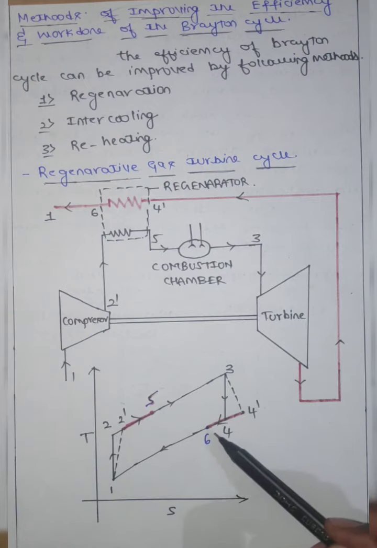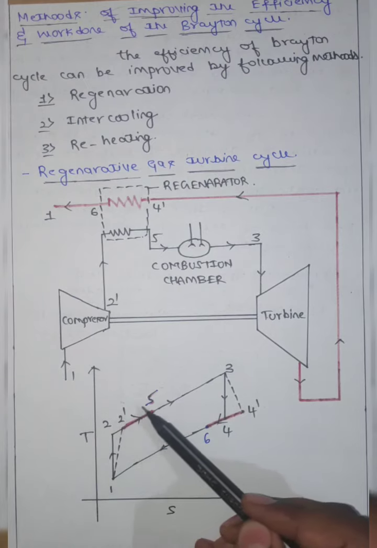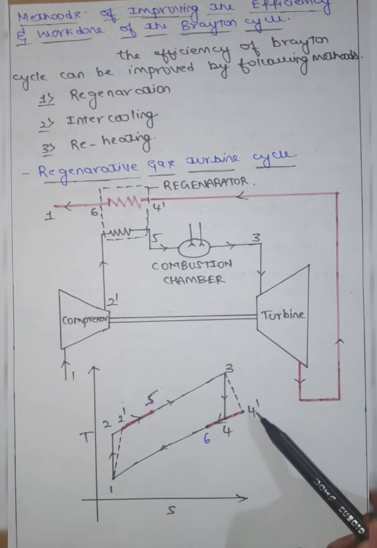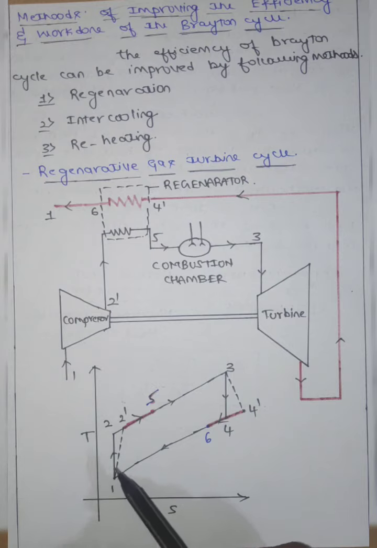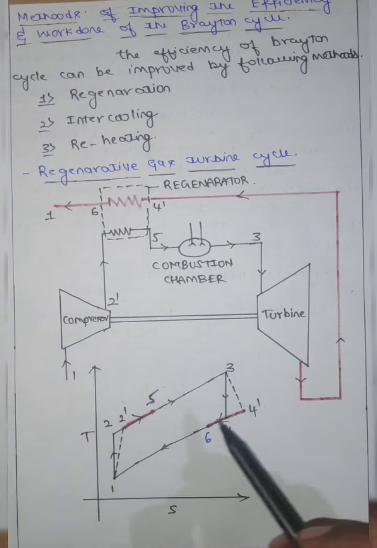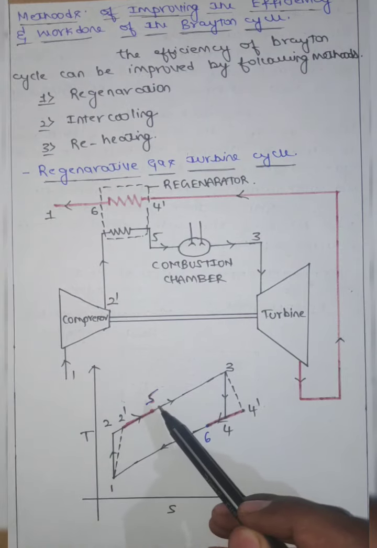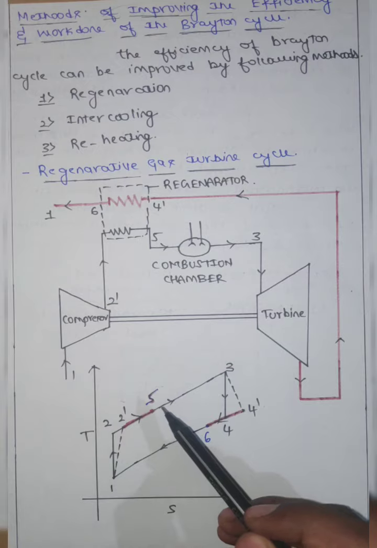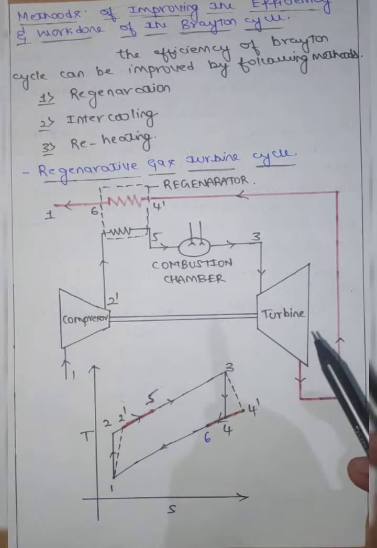So the heat gained because of the regeneration is 2 dash to 5 by losing the heat from 4 dash to 6. Now if you observe, the quantity of heat ejected from 4 dash to 6 is being absorbed from 2 dash to 5. That means there is no loss or no gain in this process. Therefore, the work output of the regenerative gas turbine remains the same.